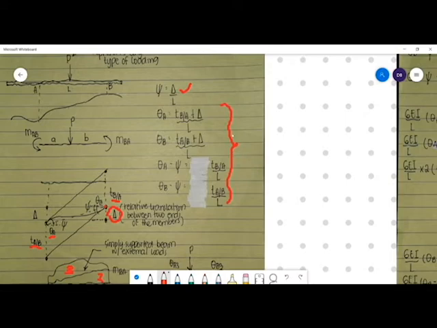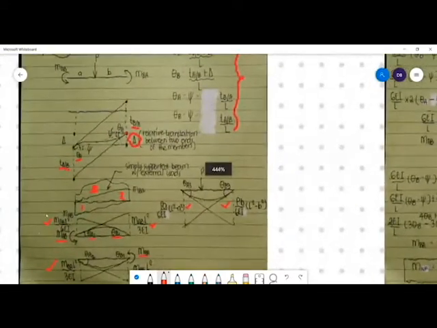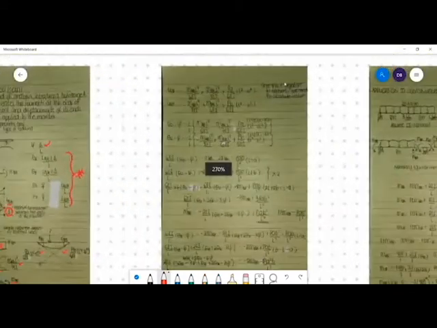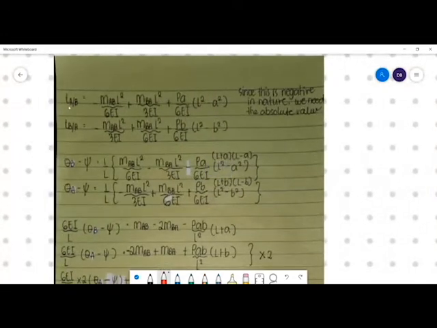Okay, so let's substitute all the tangential deviations we got into this equation. Let's call this the asterisk. Substituting it, the tangential deviation of A with respect to B is equal to negative M sub AB L squared over 6EI plus M sub BA L squared over 3EI plus PA over 6EI times L squared minus A squared.